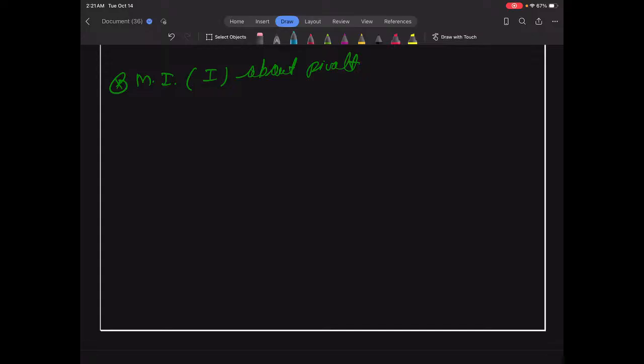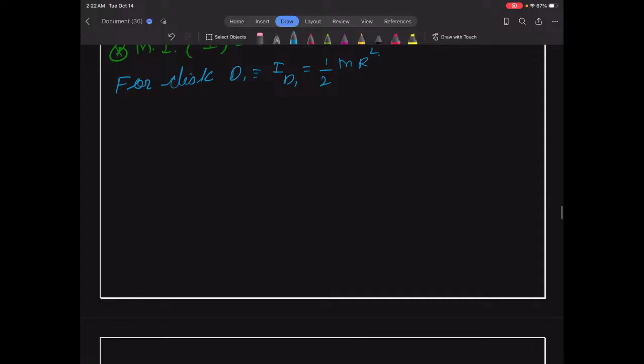First one is the upper disc, where the pivot point is at a distance r, so its formula is going to remain the same. So for disc D1, it will be I_D1 equal to half m r square.